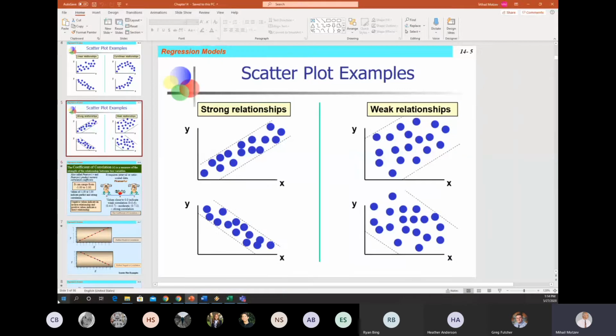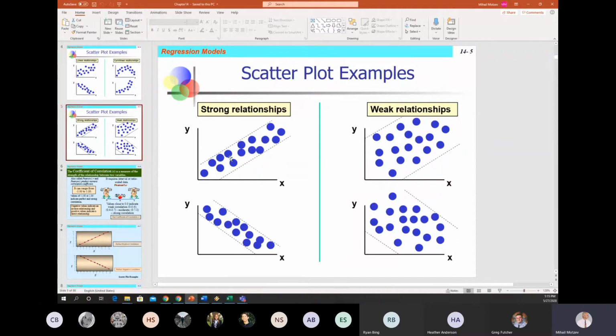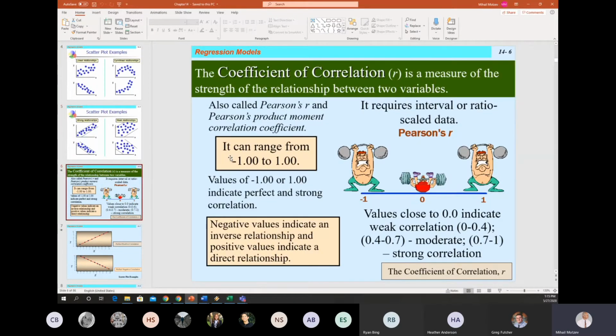-1 when we have a negative, very strong, I would say, deterministic relationship. +1 when it is a deterministic positive linear relationship. What is deterministic and why did I use this term?